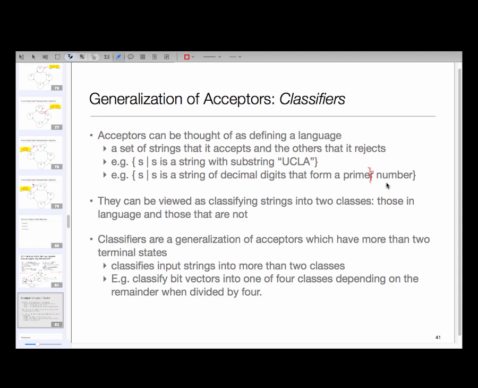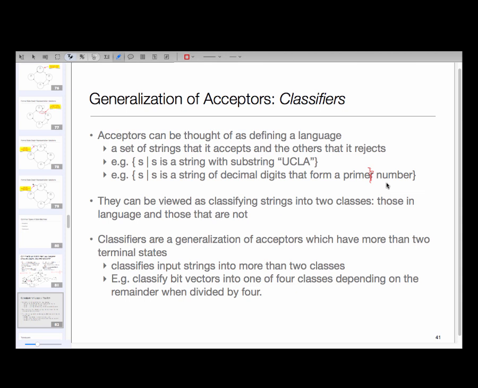So I could say, for example, I'm giving you a bit vector, a string of zeros and ones, and you have a 2-bit output, and that 2-bit output should correspond to the remainder of this number modulo 4.